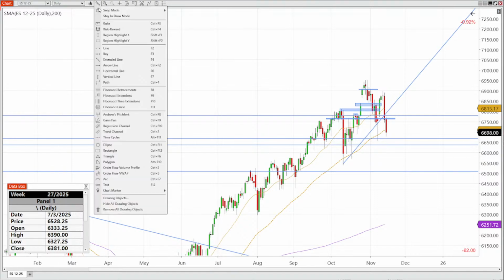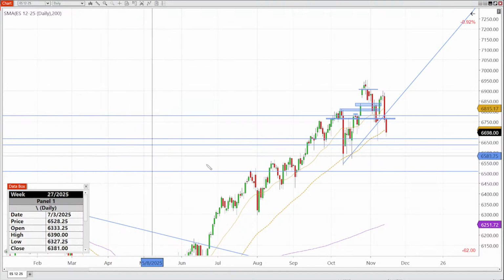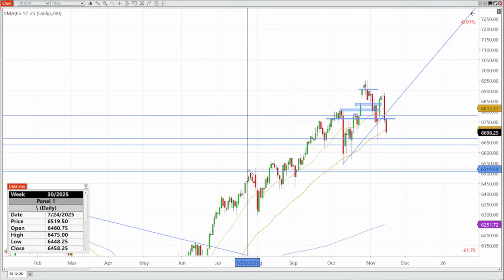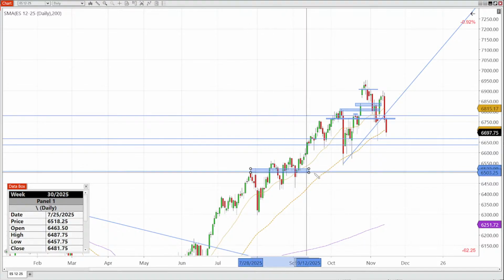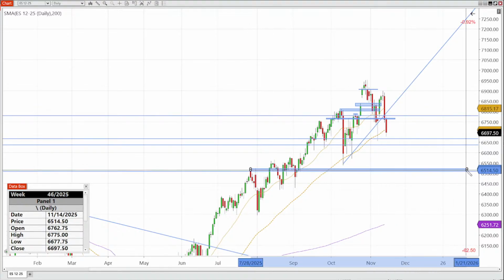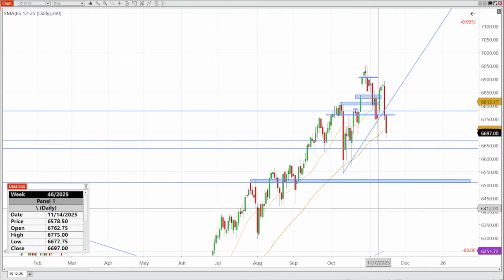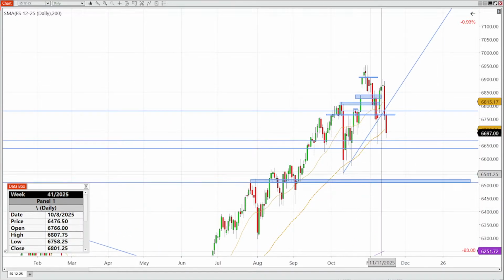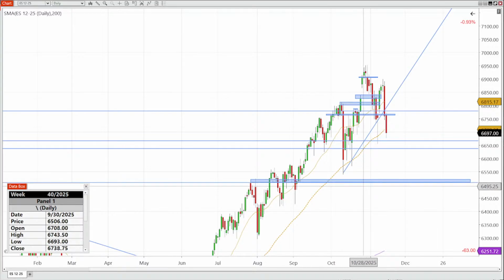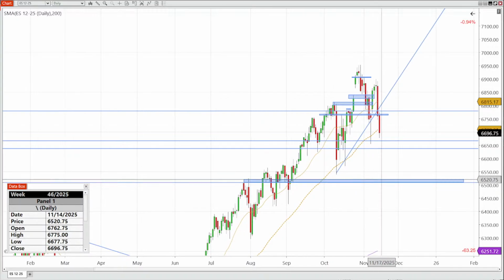And you know what I'm going to do? I'm going to put a little box here also. So this is the little area that we can come back into around here. This is 20 to 13.